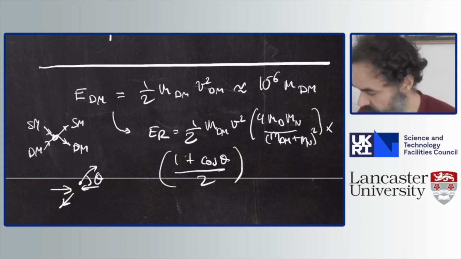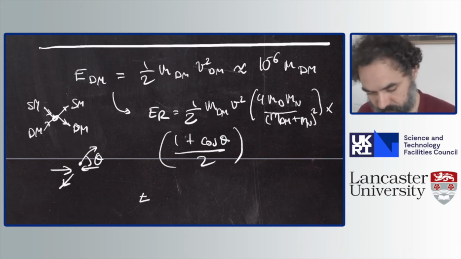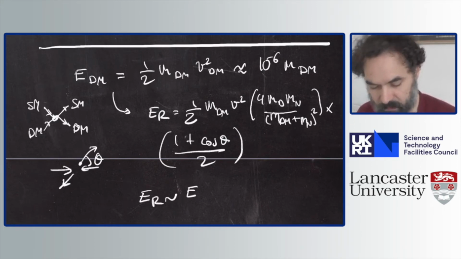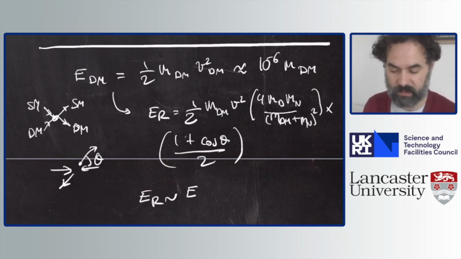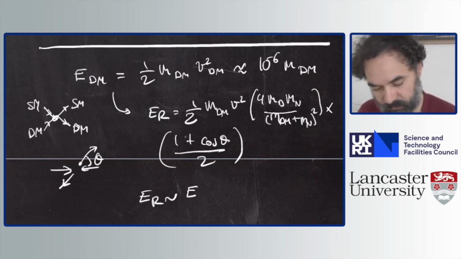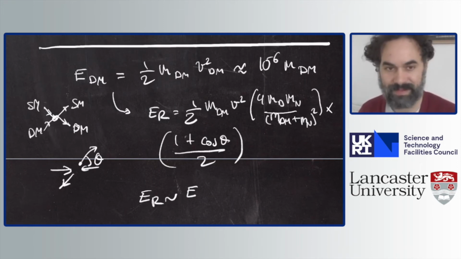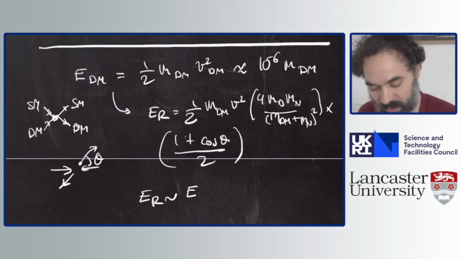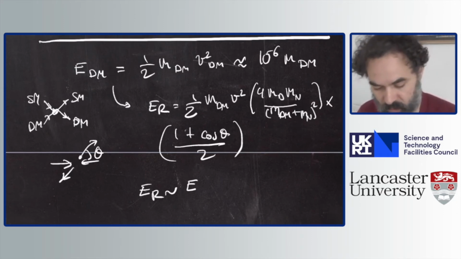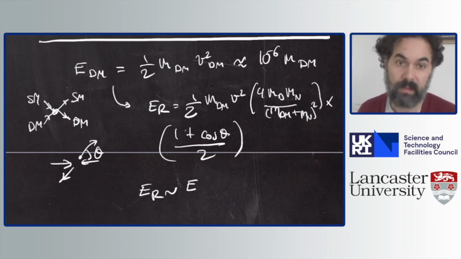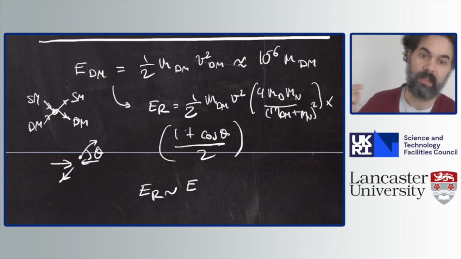In this case, what you can see is that the maximum recoil energy is of order of the kinetic energy. You really smash things and all the energy goes into the standard model particle, the nuclei, so the maximum recoil energy is at most the energy you had at your disposal from the kinetic energy of the initial particle.